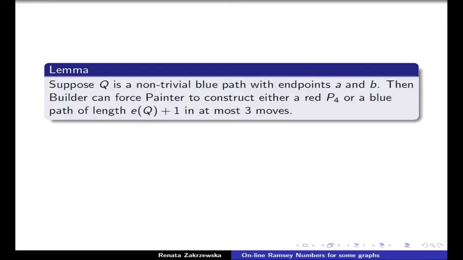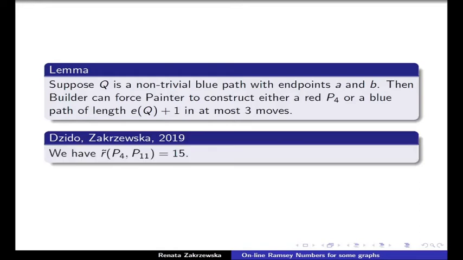Next, we consider a lemma. Suppose Q is a non-trivial blue path with endpoints A and B. Then builder can force painter to construct either a red P4 or a blue path of length A plus 1 in at most 3 moves.